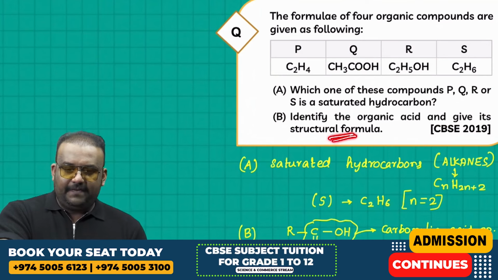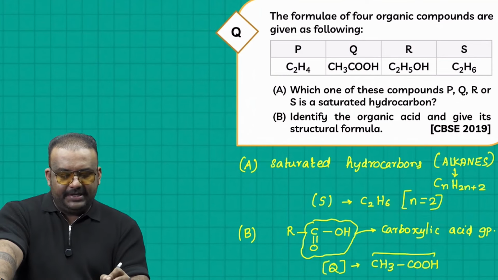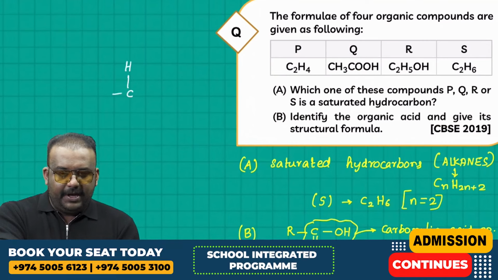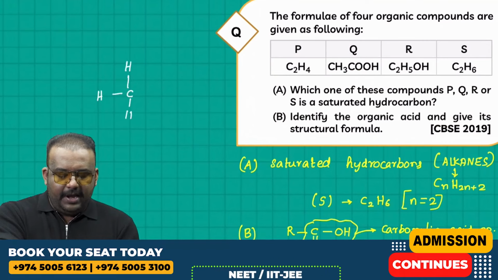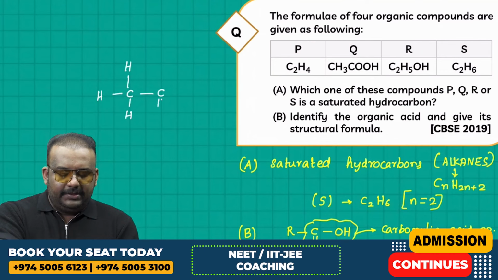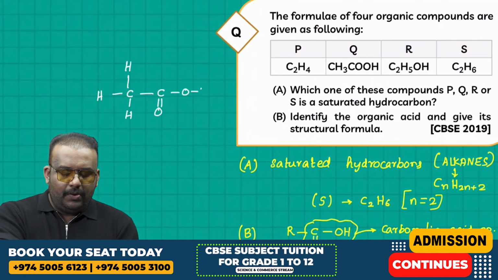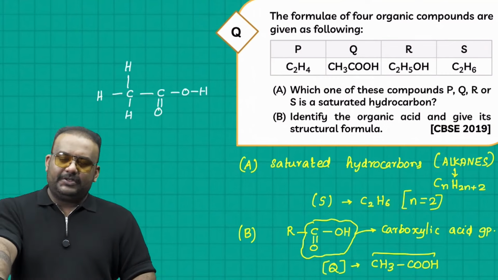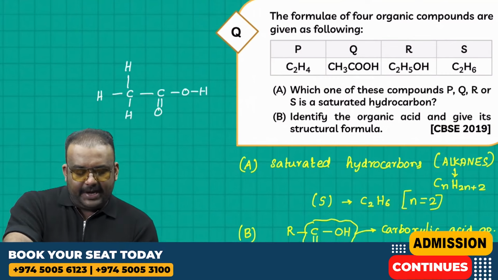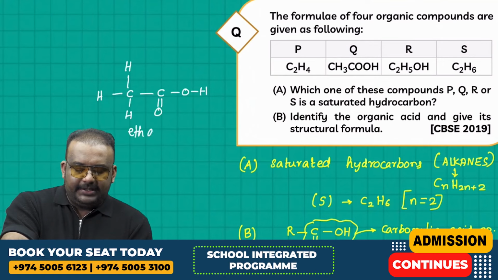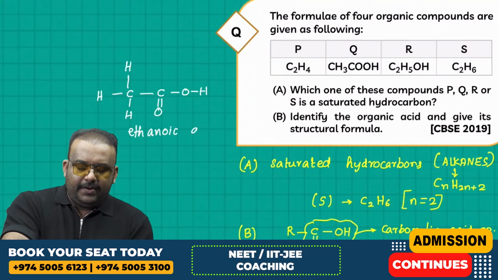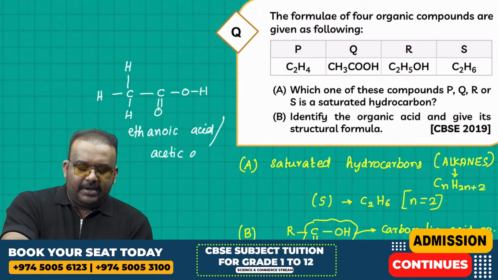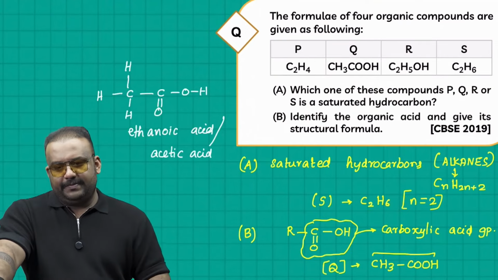And give its structural formula. Structural formula means you can just expand the structure of CH3COOH and write it. So it's going to be CH3 single bond C double bond O, OH. This will be the structural formula of the carboxylic acid, that is ethanoic acid. This compound is known as ethanoic acid in IUPAC nomenclature or acetic acid in common nomenclature.